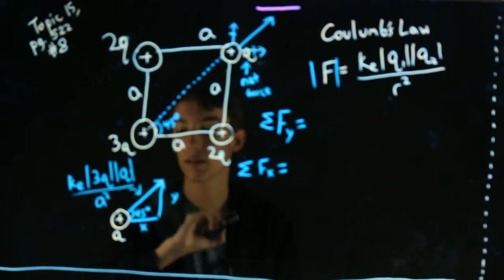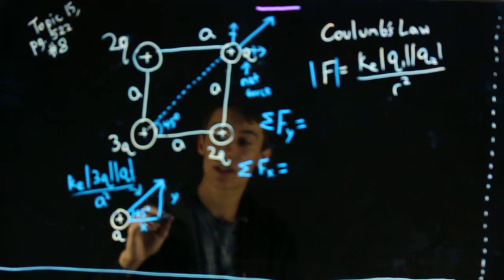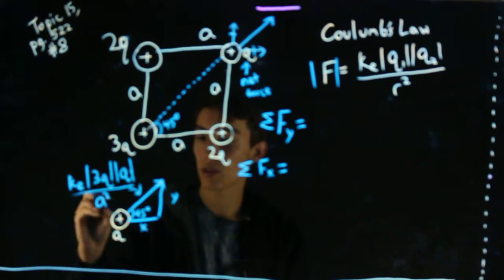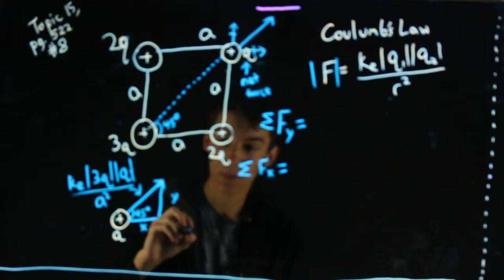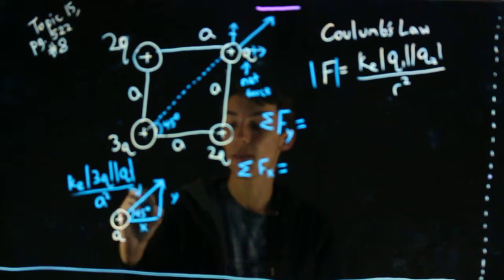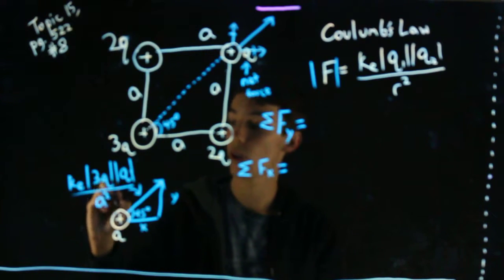That's going right there. And so to find it in the y direction, we can use some geometric properties. We can use the right triangle rule. We can do sine of 45. Either way will get us to the y direction being equal to the magnitude of the entire vector times the square root of 2 over 2.